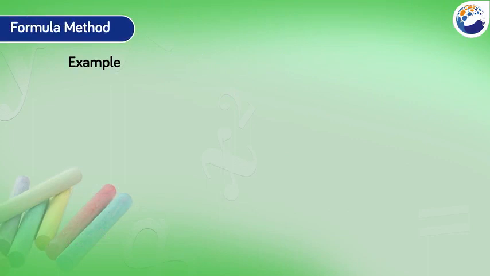Example, 3m² + 2m - 7 = 0. Here, the quadratic equation is in m.